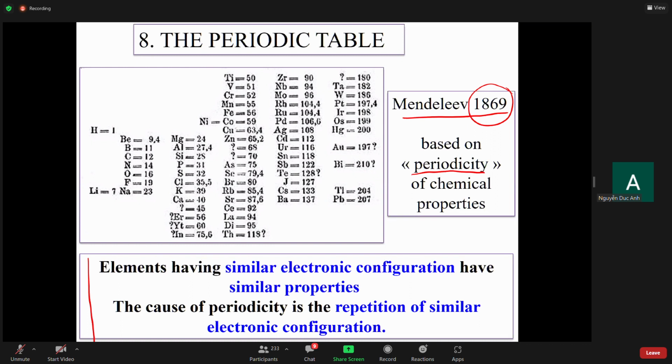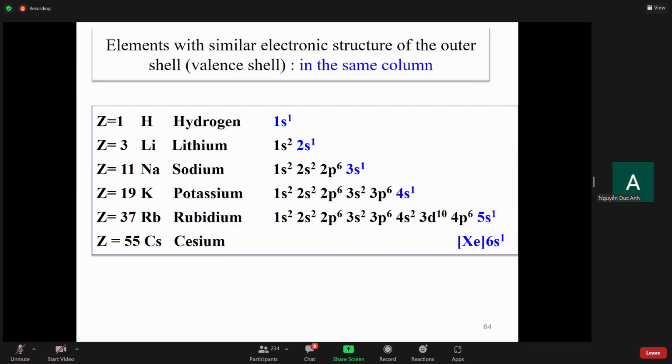So what is a similar electron configuration? Elements with a similar electronic structure of the outer shell, which is called the valence shell. These are the electrons in the outermost shell of the atom, the valence electrons.